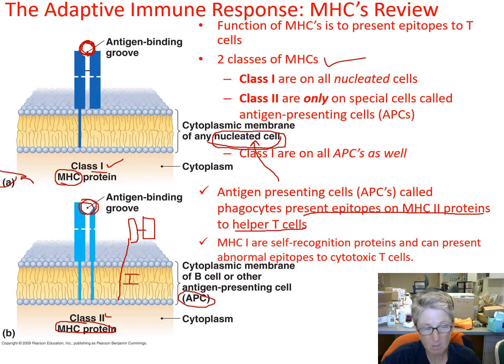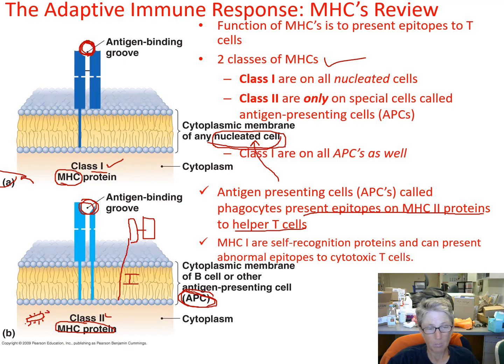So that means this antigen presenting cell, if it gets infected or it phagocytoses a bacteria, that bacteria with its antigens and epitopes in its plasma membrane will get chopped up.